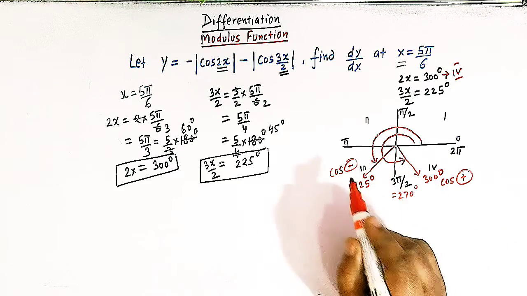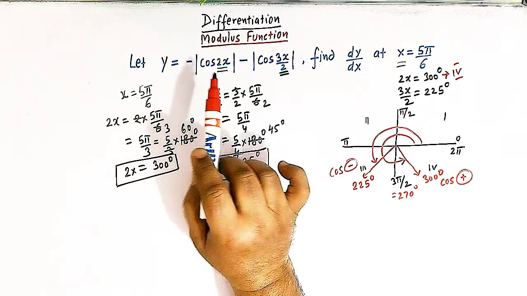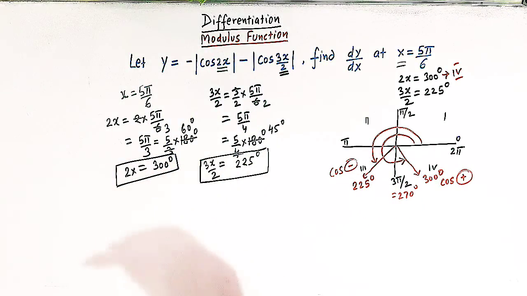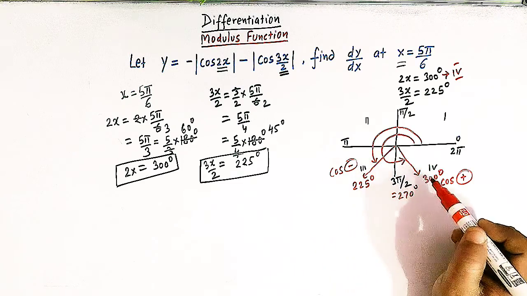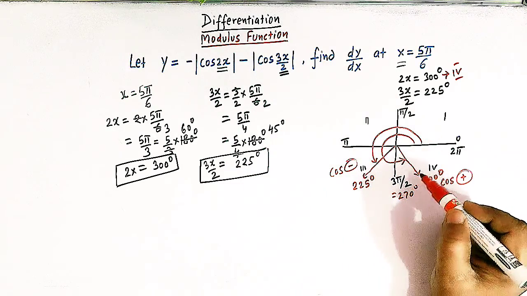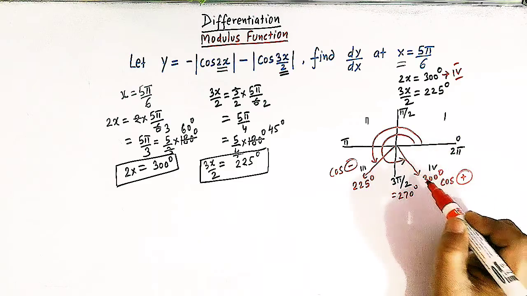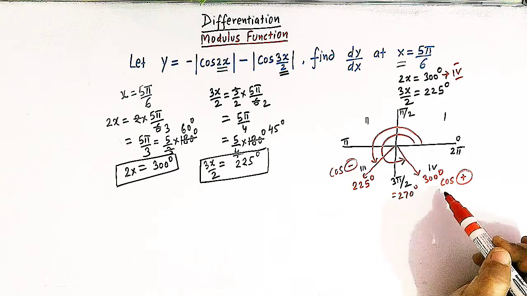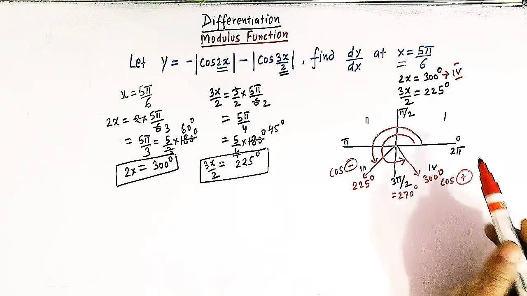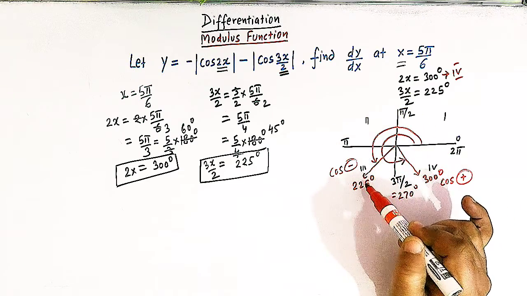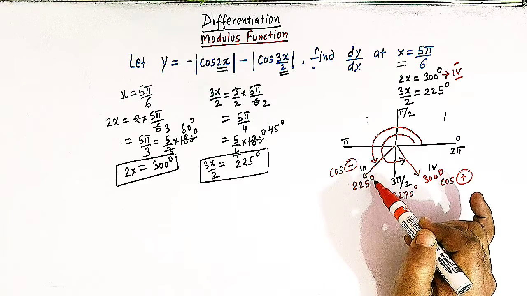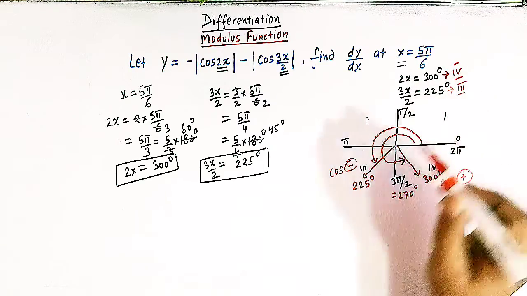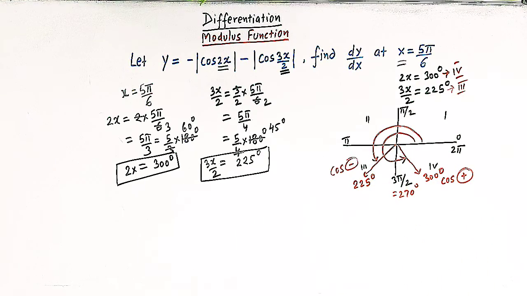So this is an important concept while finding out the derivative of mod functions of trigonometric functions, right? So we have to see the quadrant in which the angle lies. So here 300 degrees lies in the fourth quadrant, and in the fourth quadrant the cosine function is positive, and in the third quadrant we have the angle 225 degrees, and in the third quadrant the cosine function is negative, right?